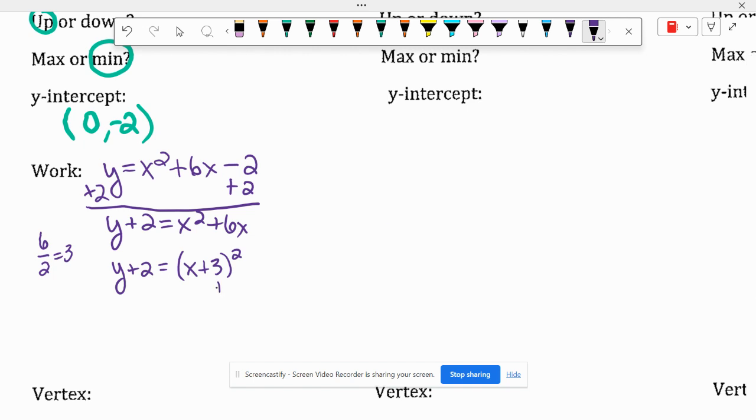So I'm actually adding 9 to this side, which means I have to add 9 to the other side. You're not seeing the add 9 on the right side. It's just done through the squaring. But we do have to add it to the other side. So 2 plus 9 is 11: y plus 11 equals x plus 3, the quantity squared.